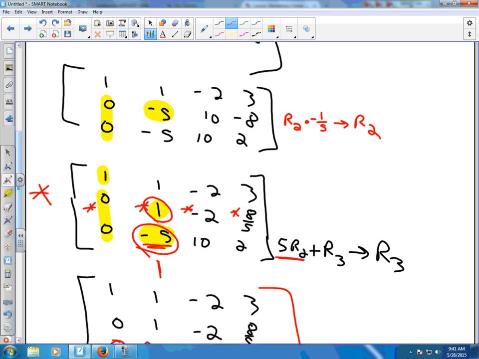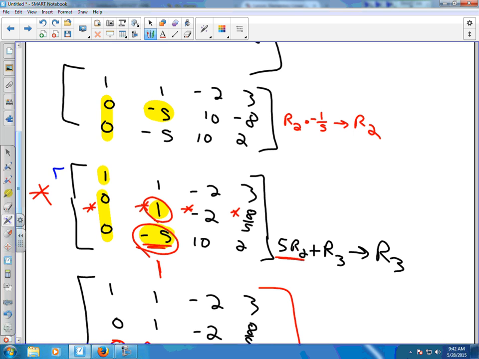Notice that one is farther to the right than that one. But to be in row echelon, the next pivot would have to be farther to the right than that one. So the next pivot can't be there. That's why we put a 0 in that spot.